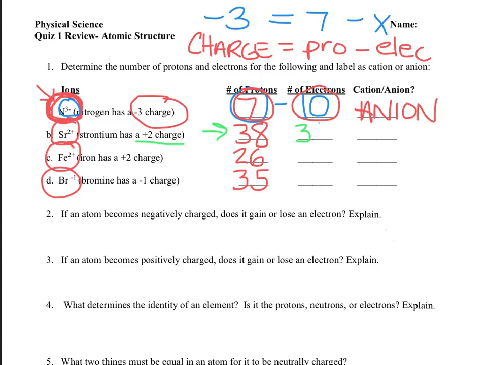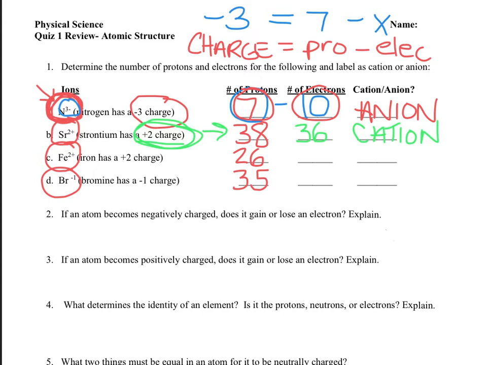So 38 minus 36 would give us that +2 charge. So there must be only 36 electrons. That makes sense. Since there are 2 more protons than electrons, there's an overall +2 charge. By the way, any positive ion is called a cation.